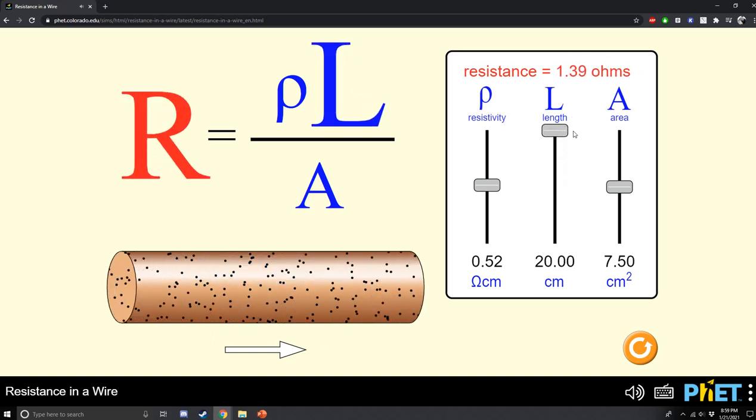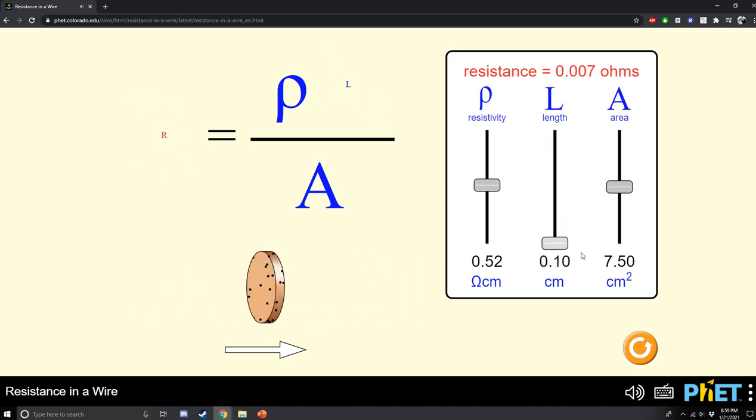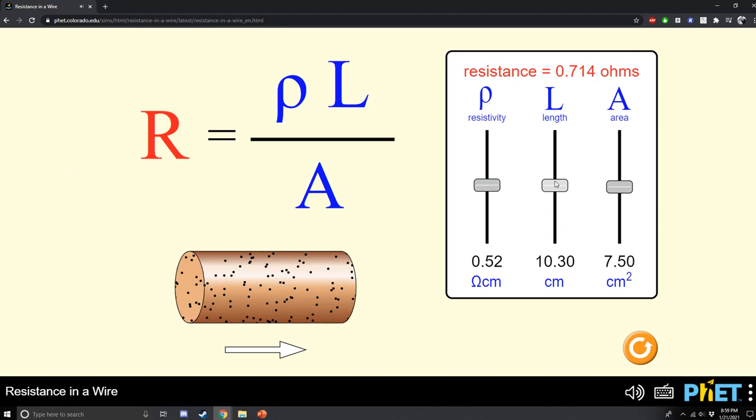Imagine you're running a race, and you had to choose between a stretch of track that was covered in mud that was really long versus really small. So you can see there that the longer that slowed down section is, the harder it is for you to follow through. And once again, length and resistance have a direct relationship.